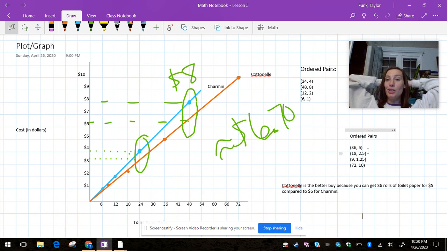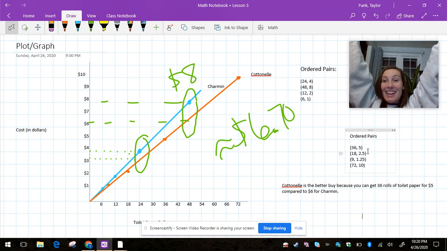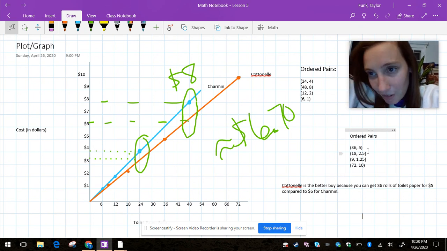So that's your mission today. You have 3 problems to graph, and then just one other problem to practice filling in rate tables. But yes, you will have completed lesson 5 once this is done. Miss you guys. Here's me giving you a virtual hug.